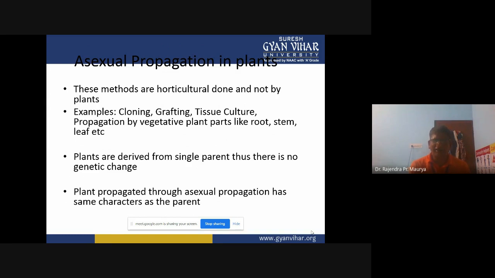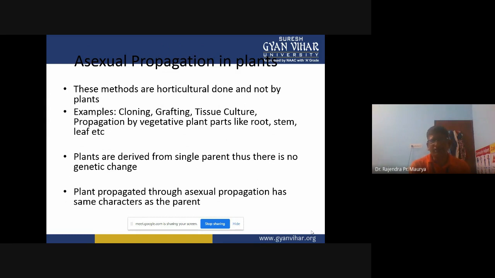Plants are derived from a single parent, thus there are no genetic changes. Already I told you that in sexual propagation, genetic variability occurs due to genetic exchange of plant materials.